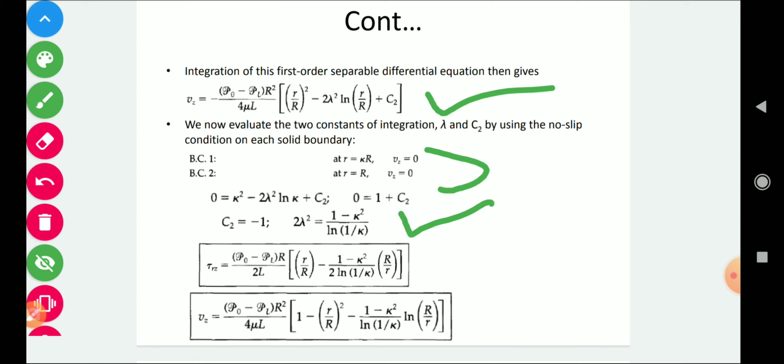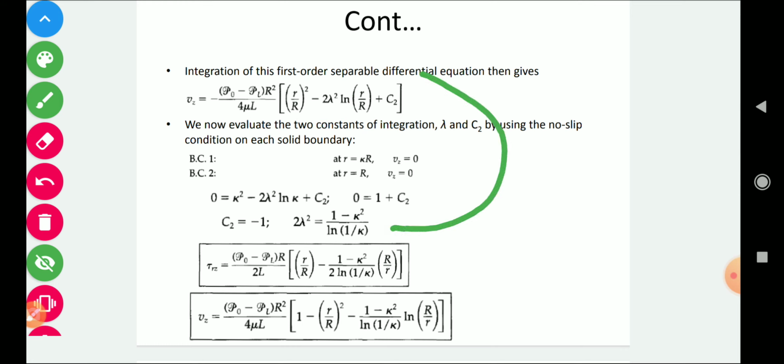So C2 equal to -1 and this 2 lambda square equal to (1 minus k square) upon log 1 upon k. So put the value of C2 and lambda into this equation, then finally we can get the value of velocity.